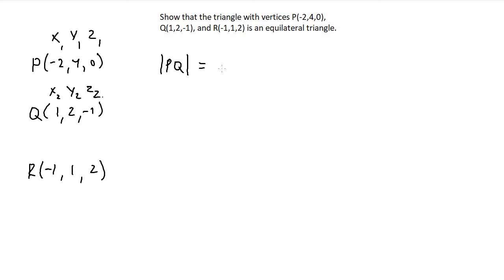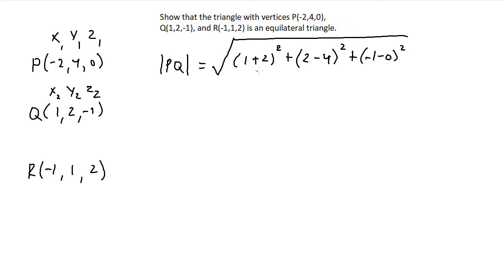Now in order to find that, obviously it's going to be the square root. Now we take x2, which is 1, minus x1, which is -2, so 1 plus 2, squared, plus y2, which is 2, minus y1, 4, squared, and then plus z2, -1, minus z1, which is 0, squared.